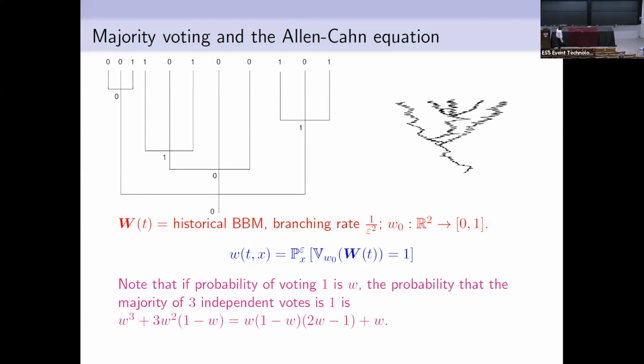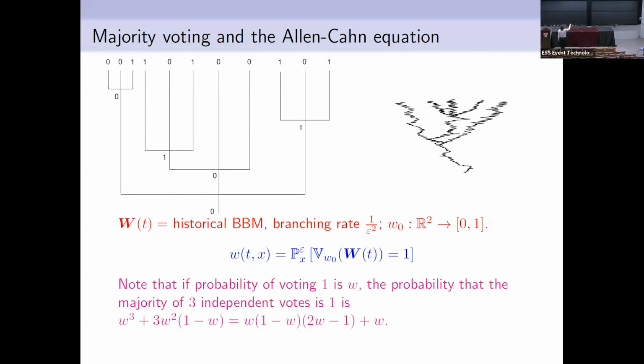Now, to see what the connection is to the Allen-Cahn equation, notice that the probability that the parent votes 1, if for each of the children we've got a branching process, everything is independent. So the probability that this child votes 1 is the same as the probability this one does or this one does. It's all completely symmetric.